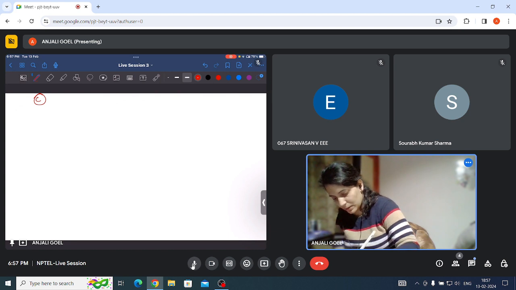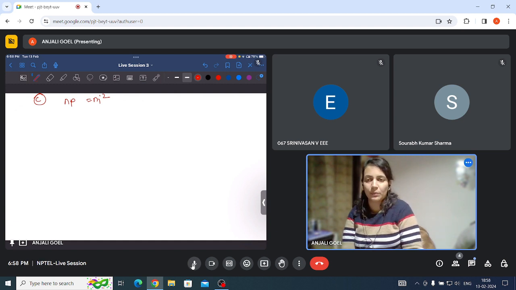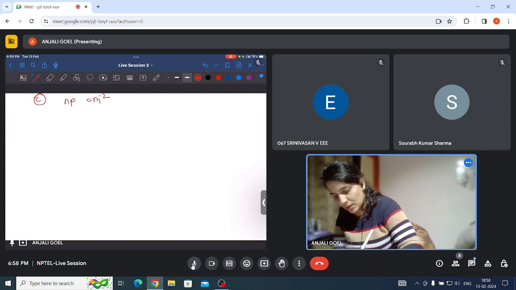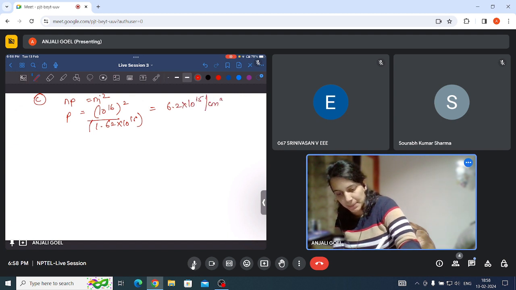Now, using the mass action law, since I told you that the holes are quite negligible and it is nearly intrinsic, so p is equal to (10^16)^2 divided by n, because as you can see from the calculation of n also. This comes out to be 6.2 × 10^15 per centimeter cube.